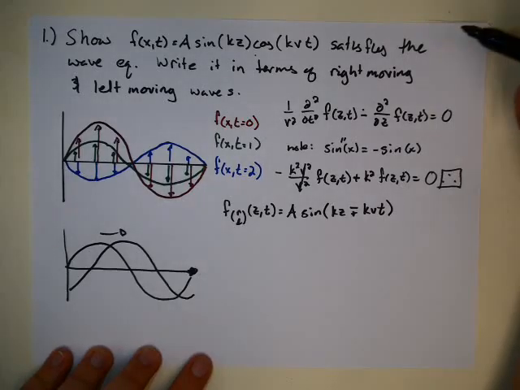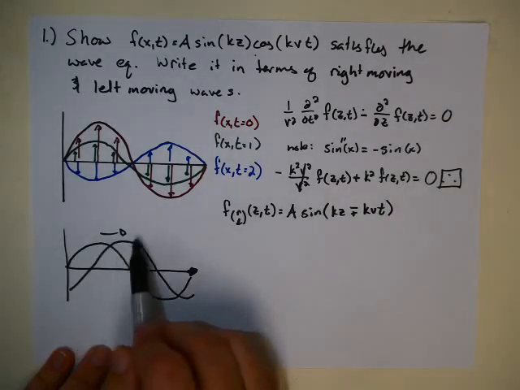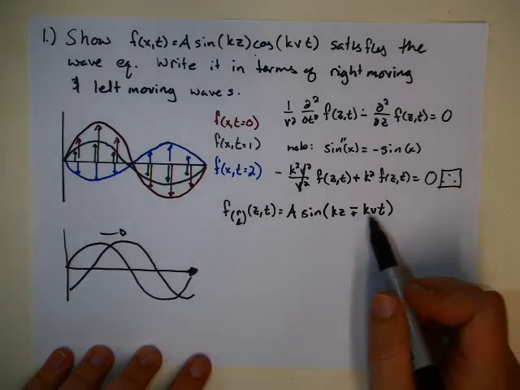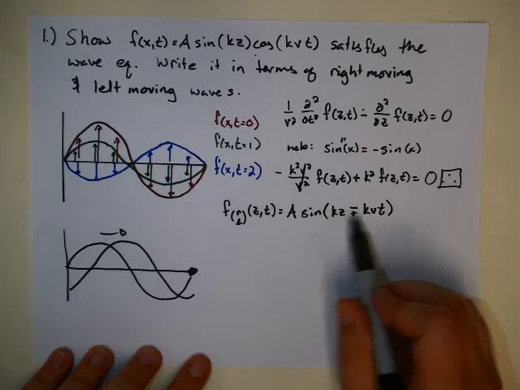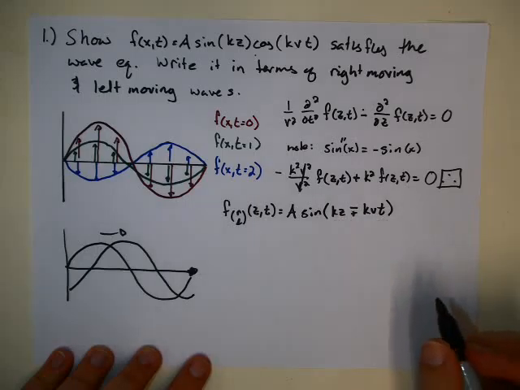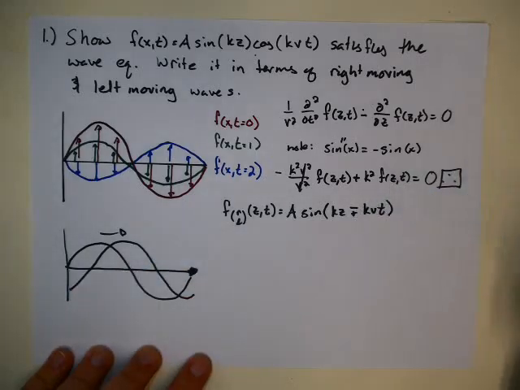And that's simply an expression that I have a sine wave, and if it moves to the right with a speed v, then I get minus vt. Distribute the k to get that expression. If I'm moving to the left, then I have to add it, and so minus for right moving, plus for left moving.